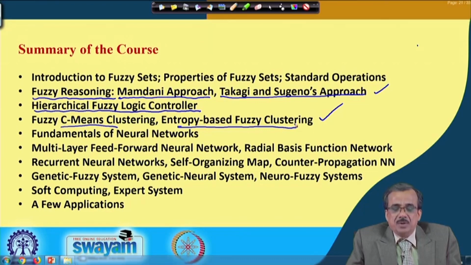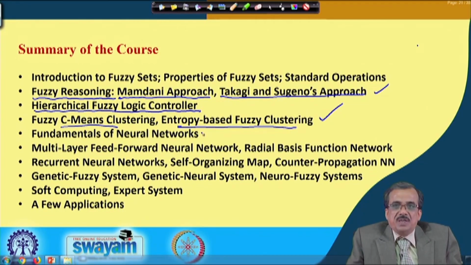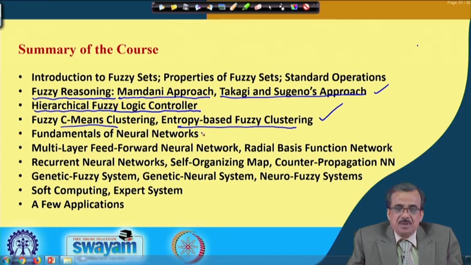On the other hand, we also discussed unsupervised learning. In unsupervised learning we use the concept of competition, cooperation and updating. Through this competition, we declare who is the winner, and surrounding that winner there will be some excited neurons and there will be some interactions.